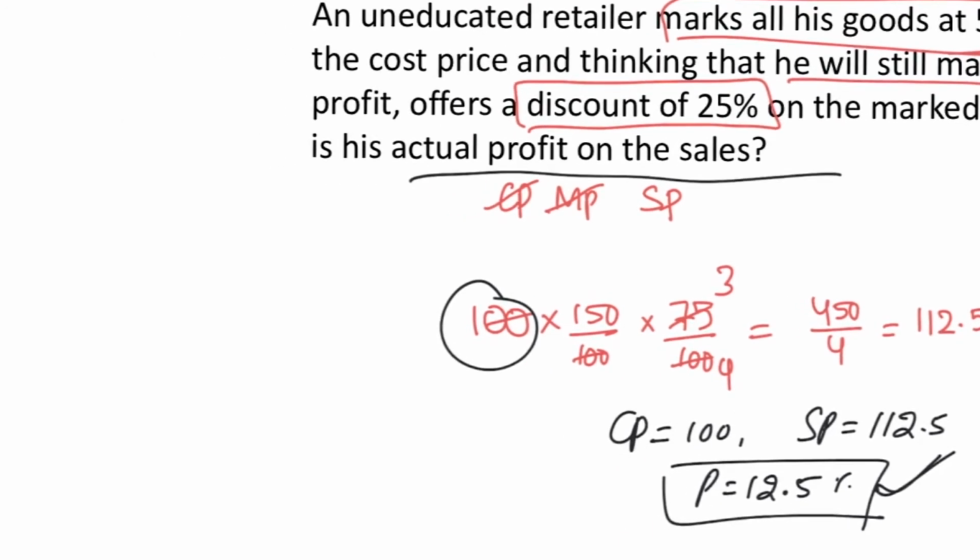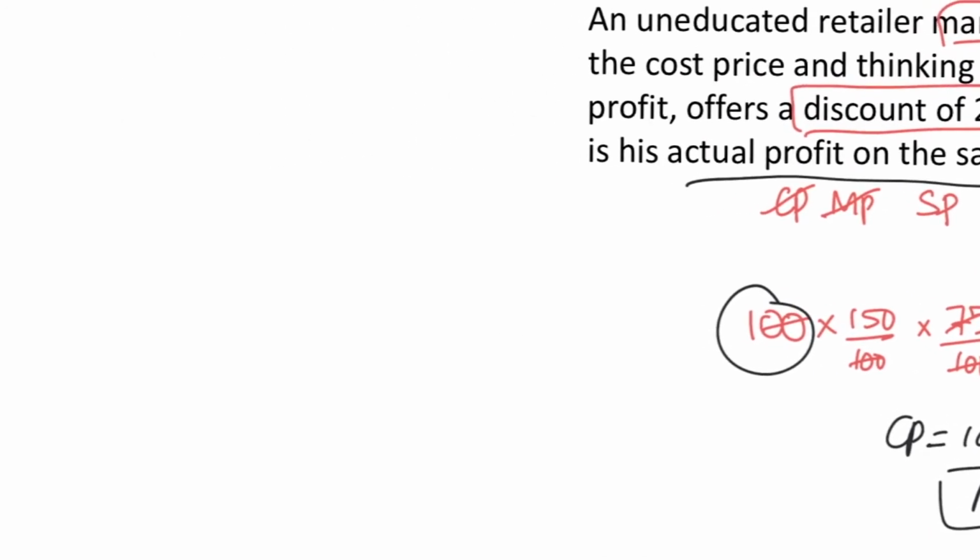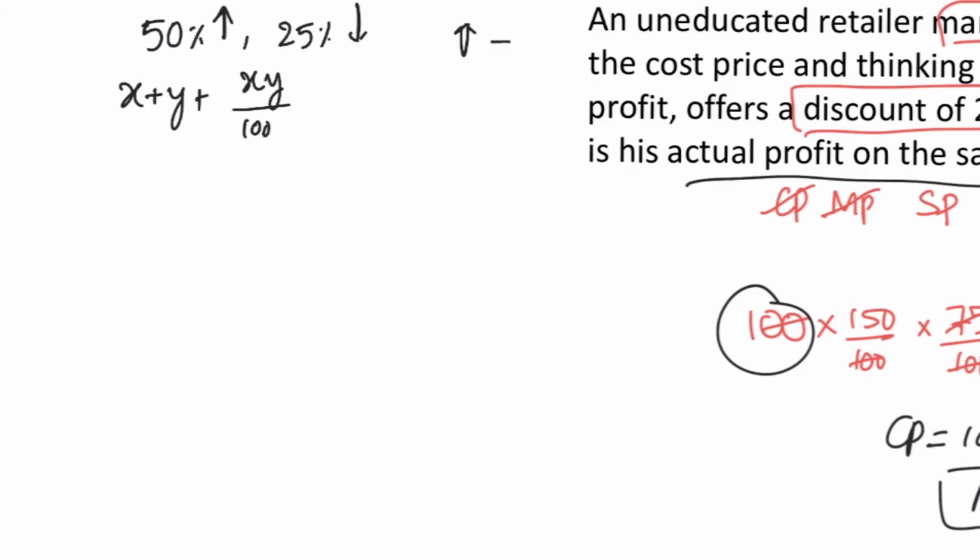Or we have another method, we have a formula. He increased by 50% and offered a discount of 25%. So use the formula x plus y plus xy by 100, where increment is plus and decrement is minus.